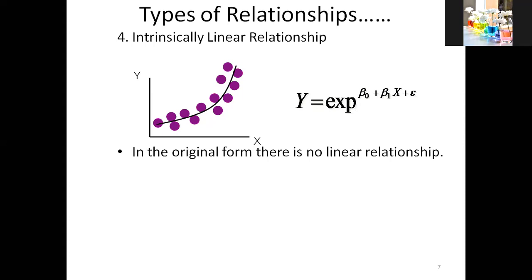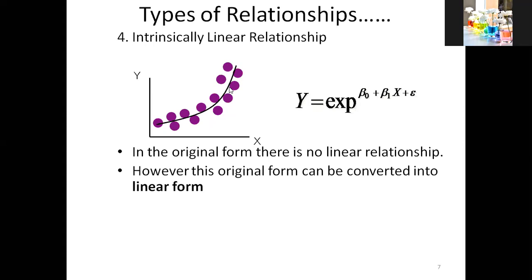Now, by doing some transformation, we can bring this nonlinear term into linear form. Originally, it is nonlinear. However, it can be converted into linear form. If you take the natural log on both sides, ln y is equal to beta naught plus beta 1 x plus e.